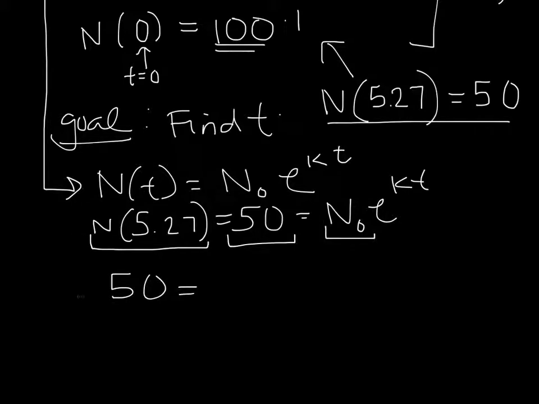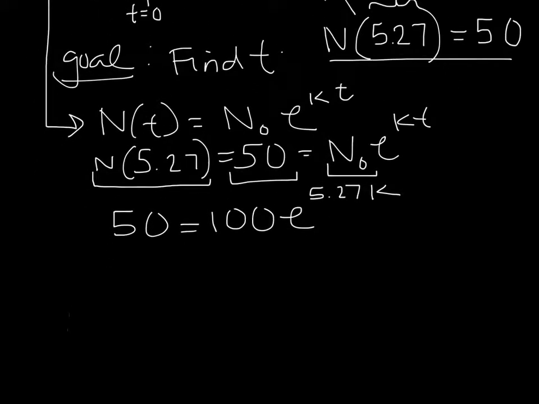We initially started with 100, times e to the kt, and our t is 5.27, so that's k times 5.27, or 5.27k. Our goal is to solve for k, and our k, again, should be negative because it is exponential decay. And yes, that's what we said.